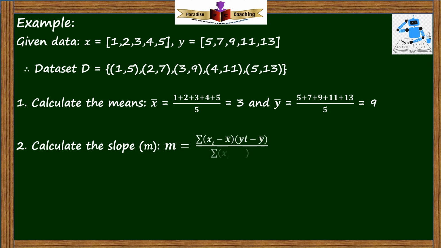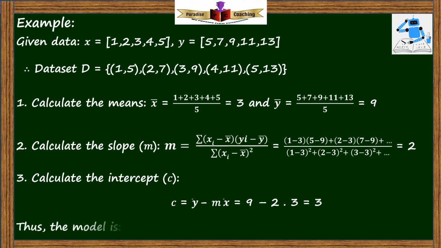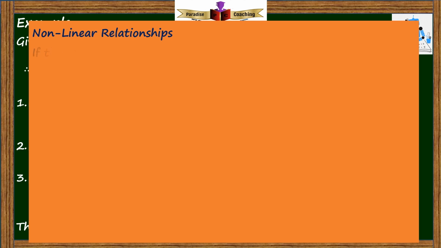Calculate the slope m using the formula as shown and discussed. Slope is calculated as 2. Three. To calculate the intercept c. Intercept c is calculated as follows. Its value is 3. The model is f of x, y equals 2x plus 3.